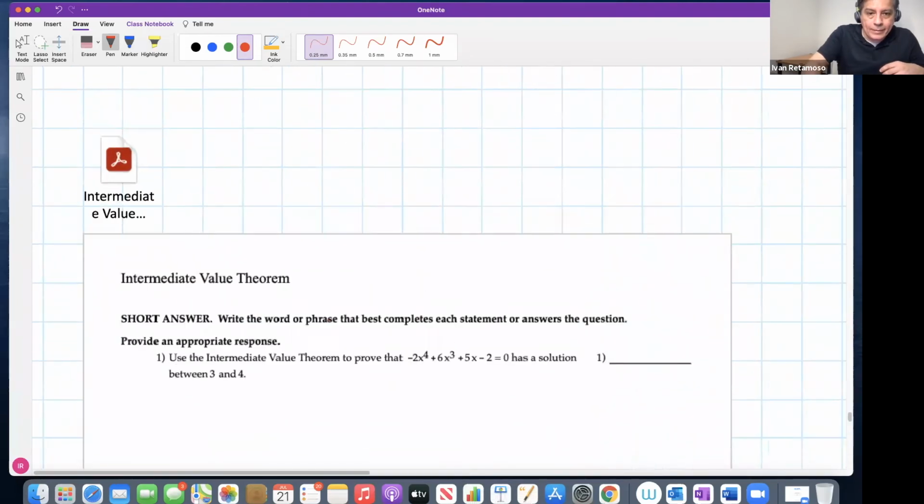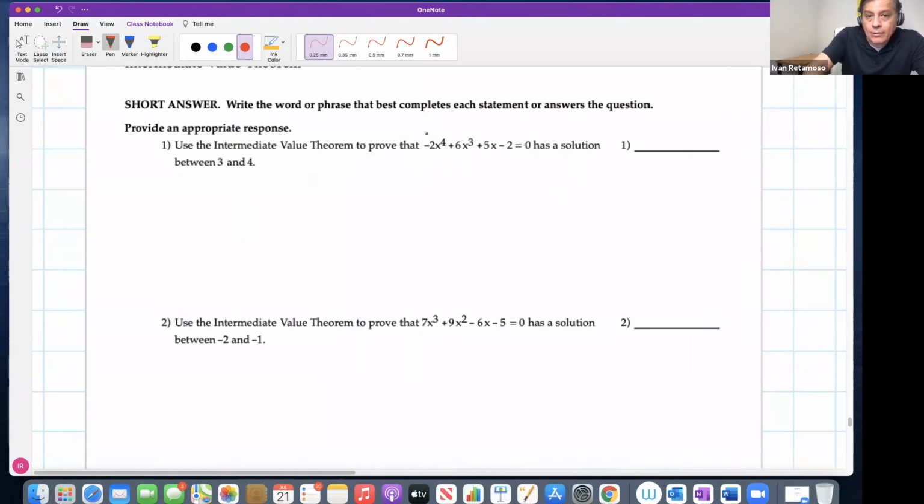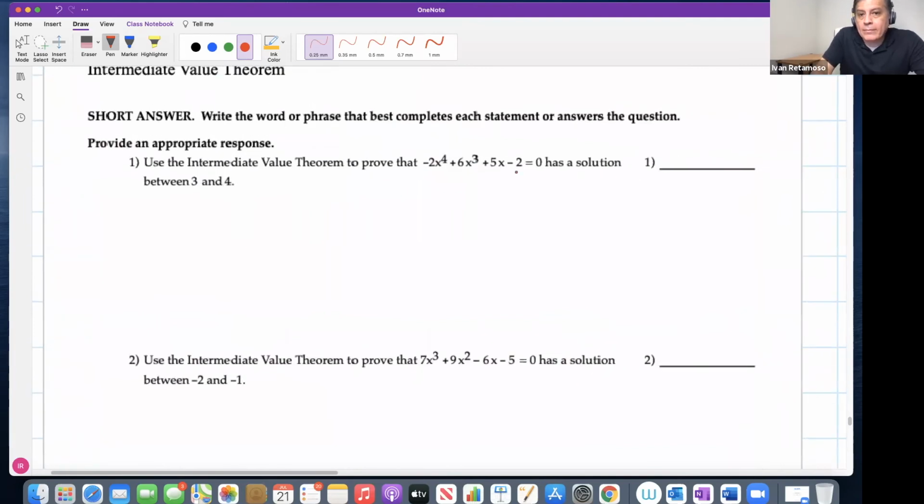It's not difficult. It says here, provide an appropriate response. Use the intermediate value theorem to prove that this polynomial function, negative 2x to the 4 plus 6x cubed plus 5x minus 2 equals 0, has a solution between the numbers 3 and 4.